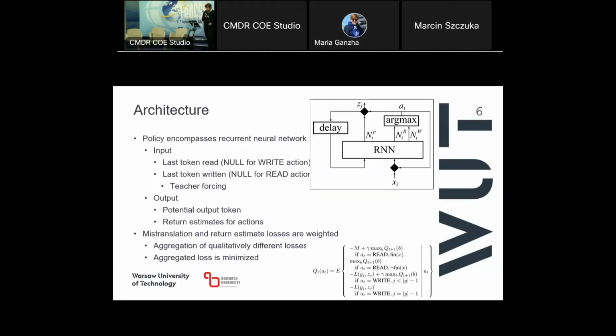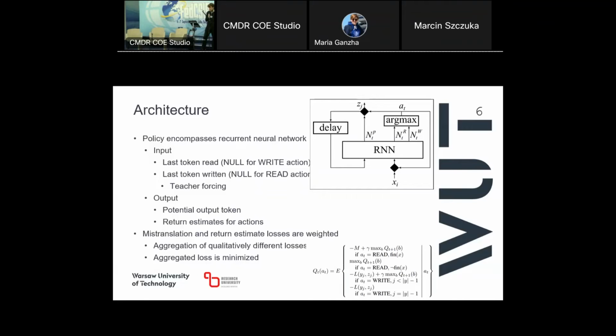At the bottom, we can see the definition of the P_T value, which is the value that the return estimates are going to be pushed to. For example, if we take the action read and we have finished the sentence, we get minus m plus gamma max Q from the next time step, so that we penalize this action because we've read after reading the whole input.